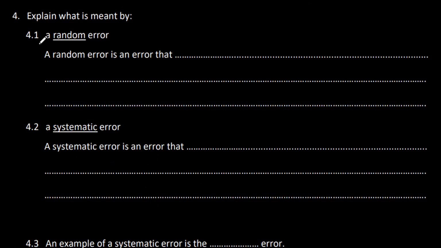In question 4.1, we have to explain what is meant by a random error.